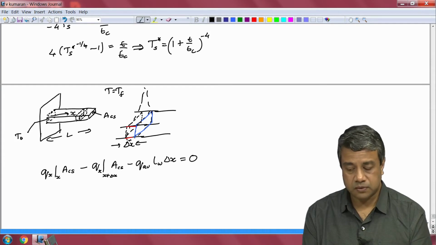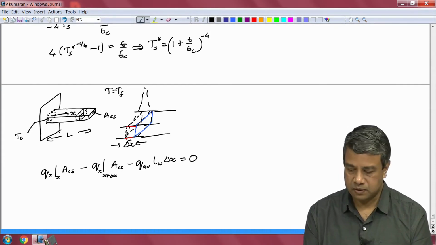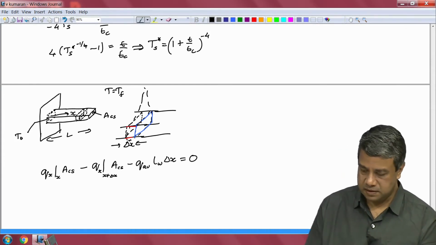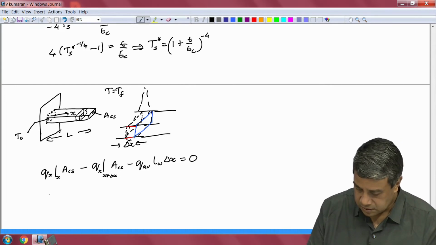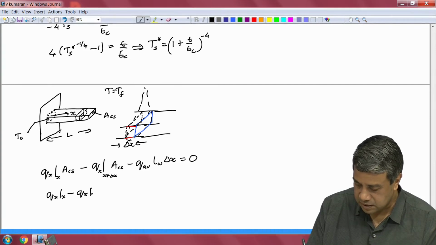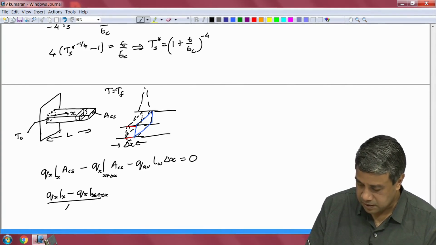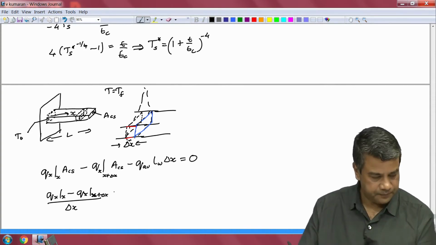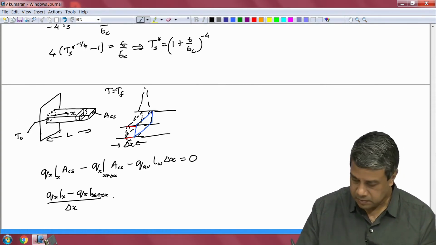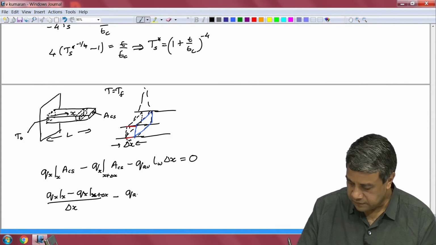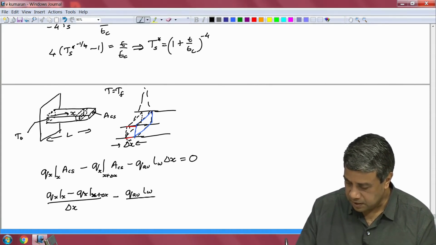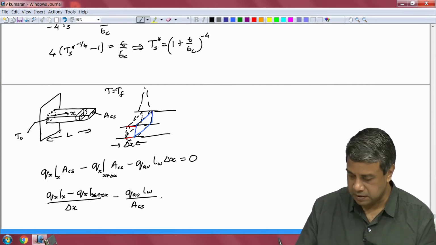You can divide throughout by delta x and by ACS. So, qx at x minus qx at x plus delta x, divided by delta x, minus QAV times the wetted perimeter divided by the cross sectional area, is equal to 0.